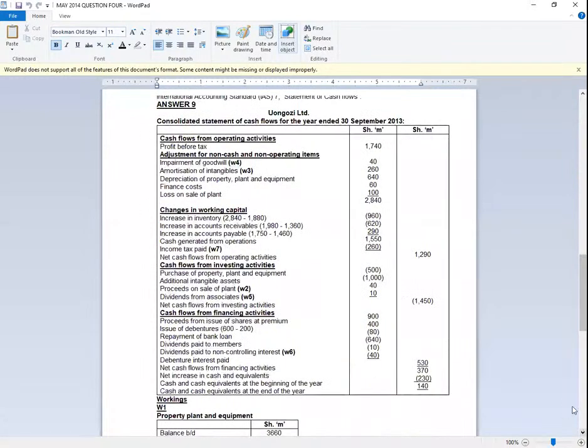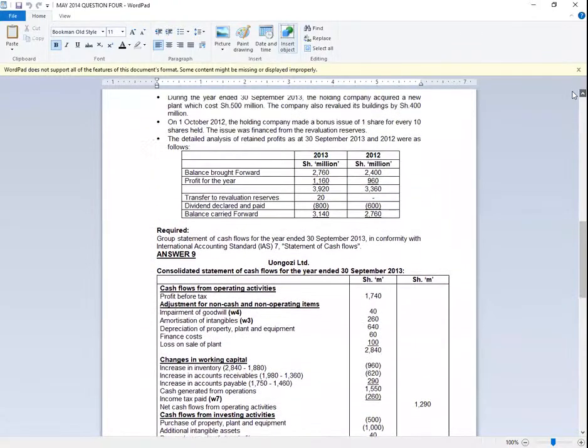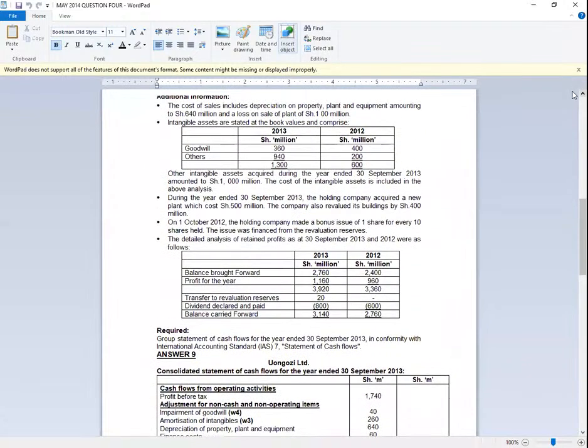Yeah. And a loss on sale of plant of shillings, what here? Somebody? 100.